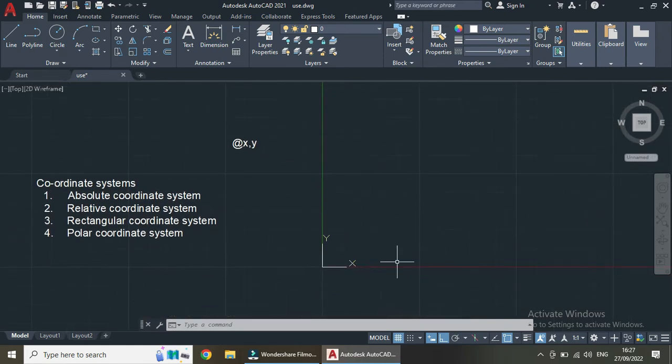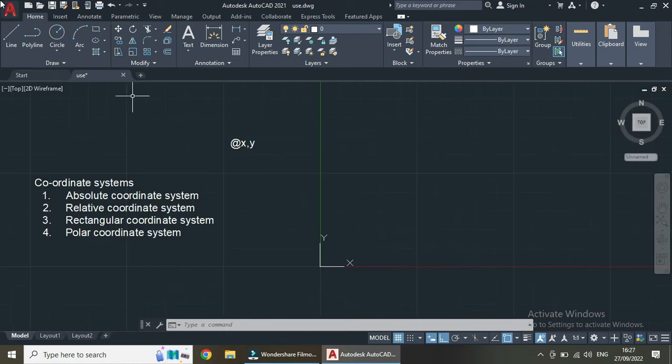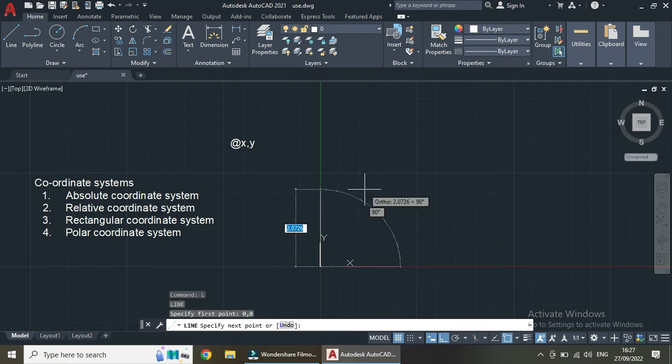Okay, let us start. So, take a line command, enter, specify first corner 0 comma 0, enter, and now we have to give the value.